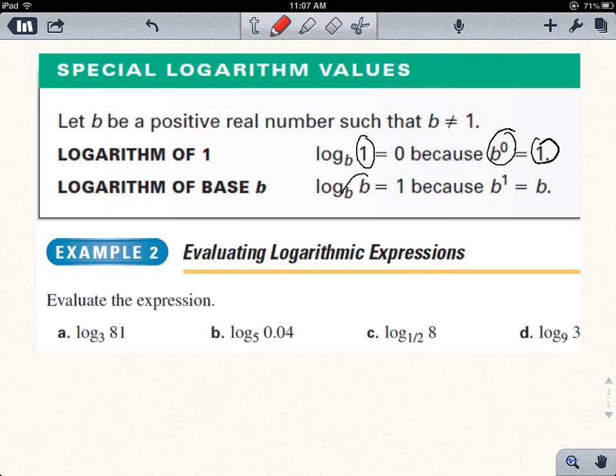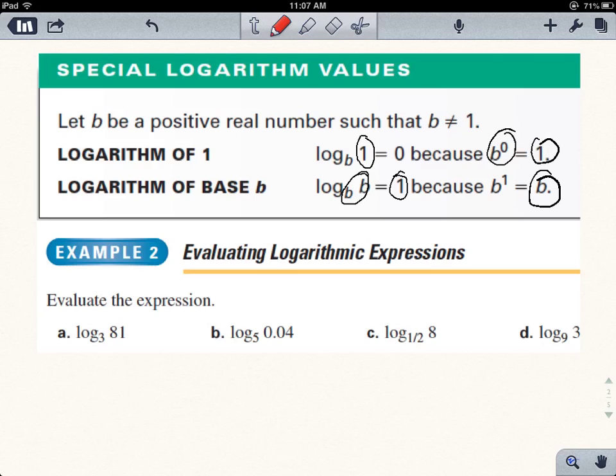When the base and the value match, it always equals 1, because that means b to the 1 equals b, since anytime the exponent is 1, it just equals your base. So log base b of b equals 1, always. You could have any base there: log base 10 of 10, which we saw in the previous example, log base 20 of 20, log base 1/2 of 1/2, anything.